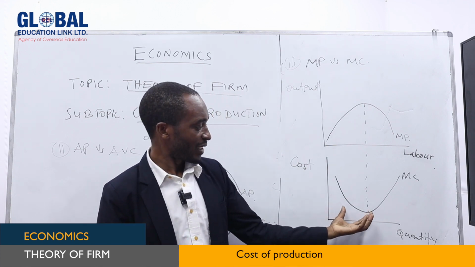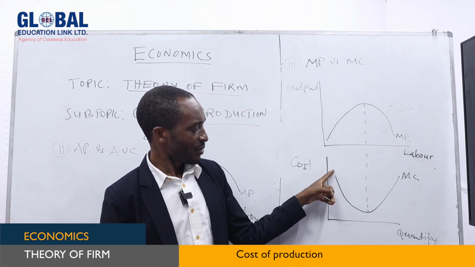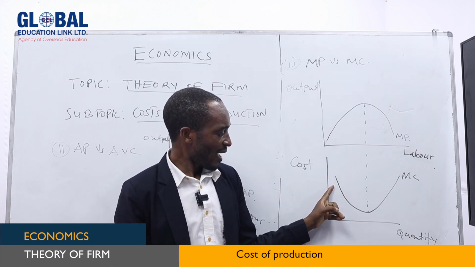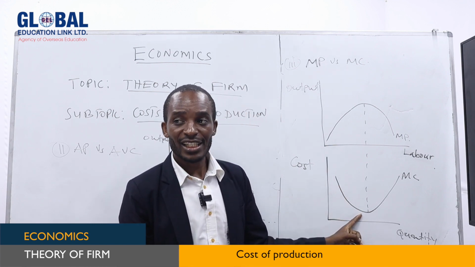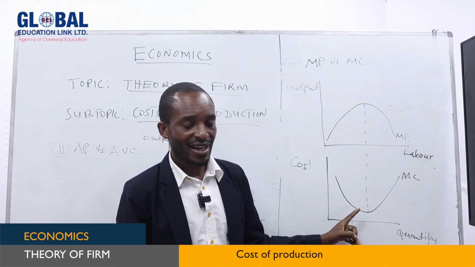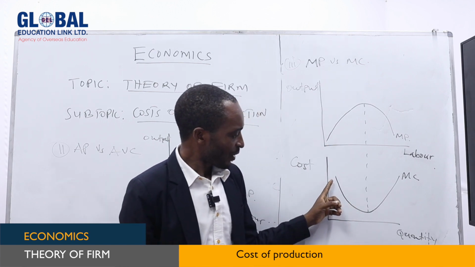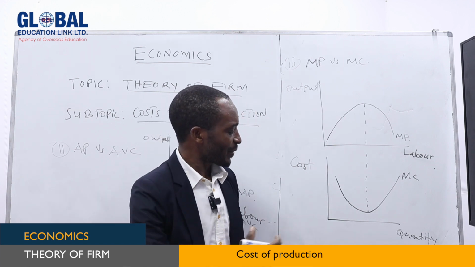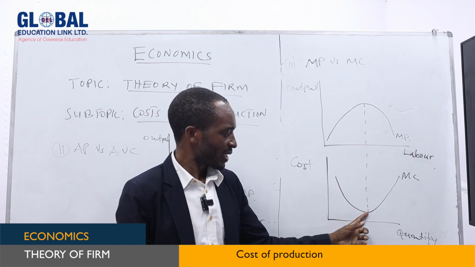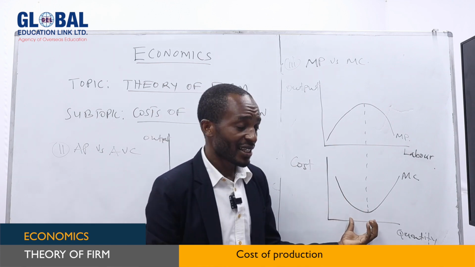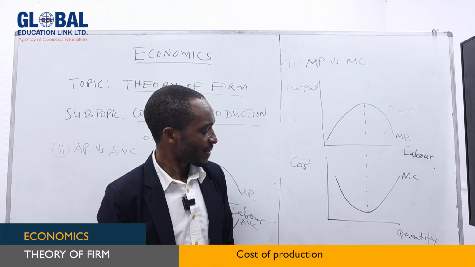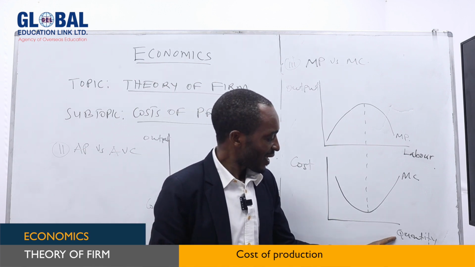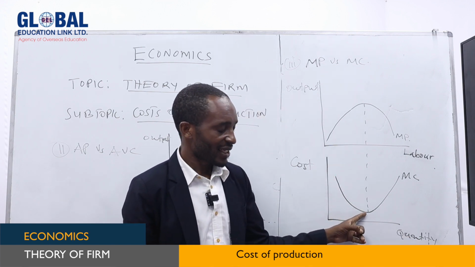Also in this case, as you increase output, we have seen the marginal cost or additional cost decline. If the cost is declining, it means there is an advantage to increasing production, since the cost is falling. So as a businessman or business owner, it is advantageous to increase the output since the cost is declining.